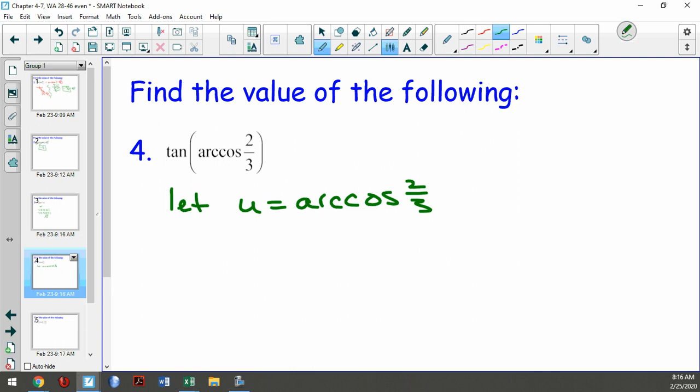Why? Because we're just going to make this something different. We're going to try to make this into something that becomes the tangent of u then. Oh, okay. Makes it a lot easier. Okay? Now, how do I get rid of the arc cosine? We can get our cosine by taking the cosine of both sides.